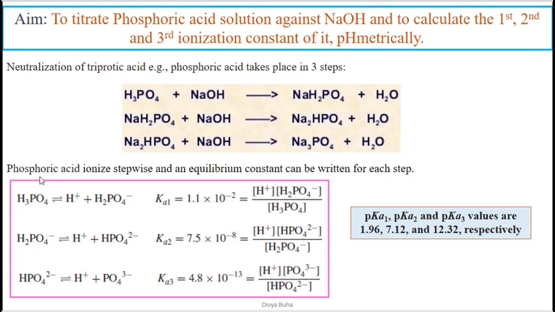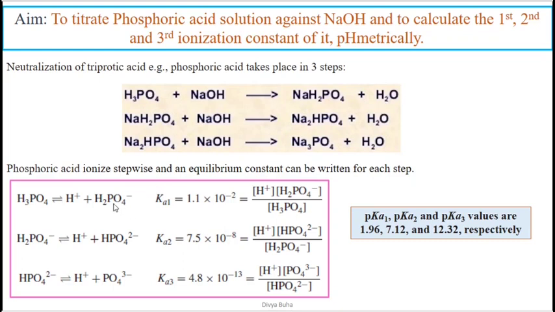Now, as I told you, phosphoric acid ionizes or gets neutralized stepwise, right? And we can even write down the equilibrium constant for each one of these steps. Since there are three steps, there would be three equilibrium constant values, or you can say ionization constant values. In the first step, when you take H3PO4, it will react with NaOH. One of the protons would get detached from it, it would get ionized, and it would attach to OH minus and produce water.